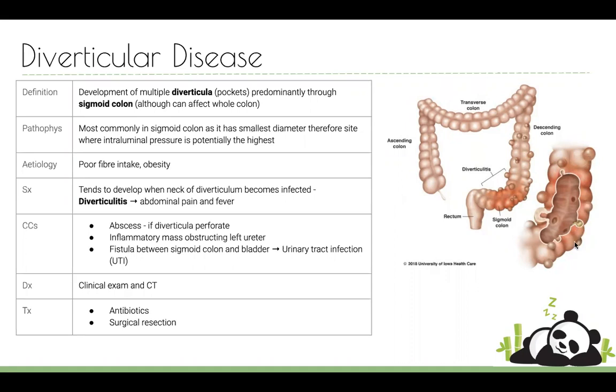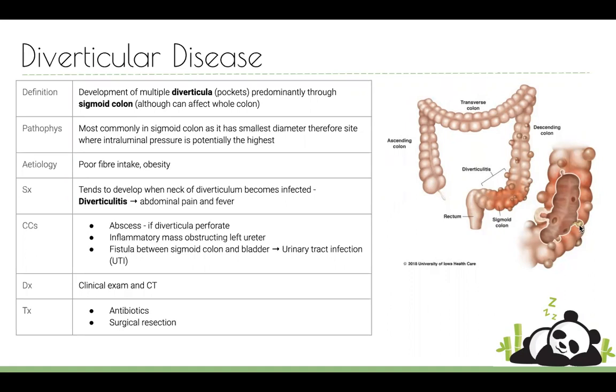You get all these diverticula, and when that's present, you have diverticular disease. Usually it's through your sigmoid colon, which is in your left lower quadrant, and it's caused by poor fiber intake and obesity.